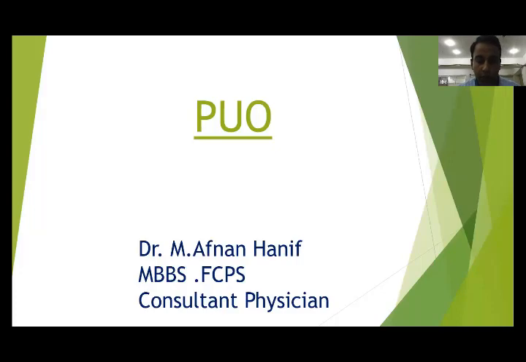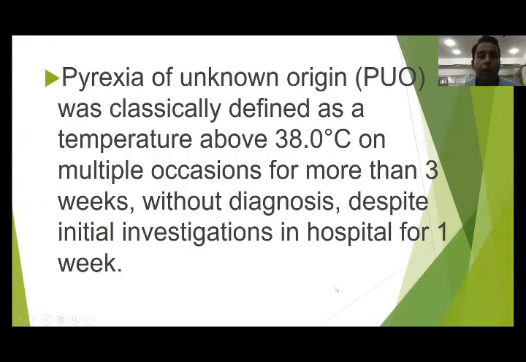So by definition, pyrexia of unknown origin is fever of 38.0 Celsius on multiple occasions for more than a week, with a more than four-week history, despite initial investigation in hospital for 1 week.